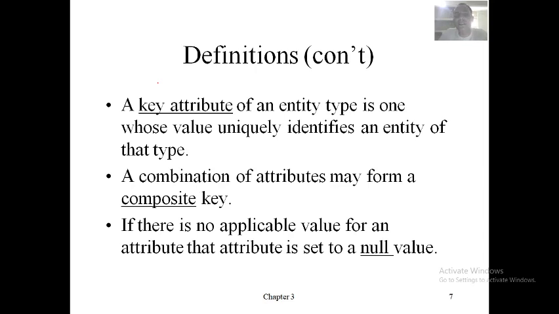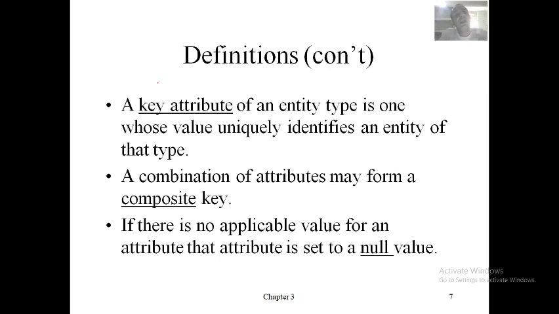It is compulsory, so it is not null. Every employee will have a name. It is not null. Every employee will have a date of birth, hence it is not null. So you cannot keep that value blank. You must enter some value, so it is not null.